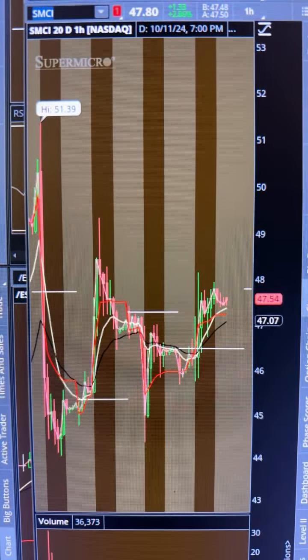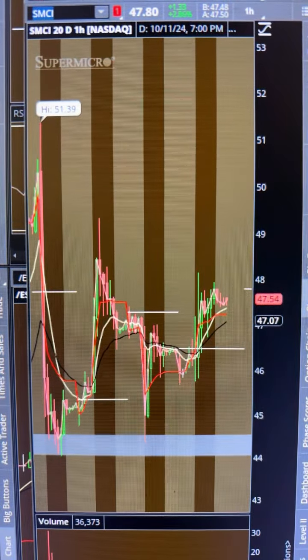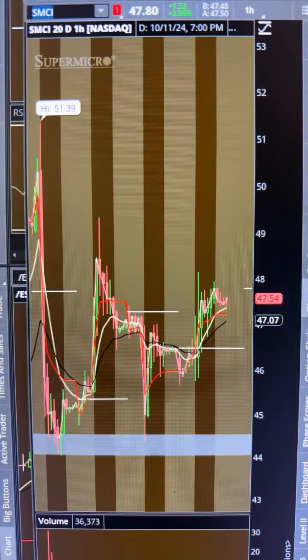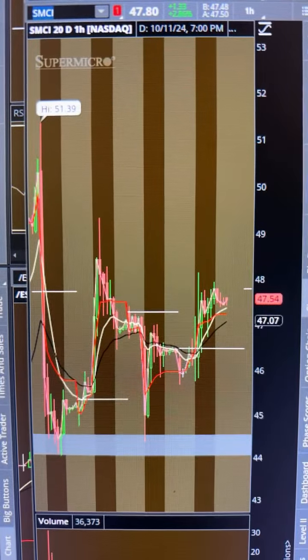The level is 44.5 to 44. That is current demand on SMCI. If you all want to mark that out and watch it, it's not something I'm personally watching, but it does look solid. I'm just going through some individual tickers that people are asking for in chat here.